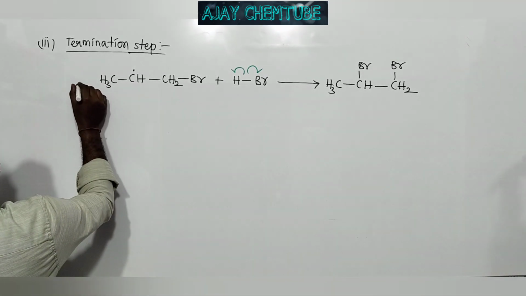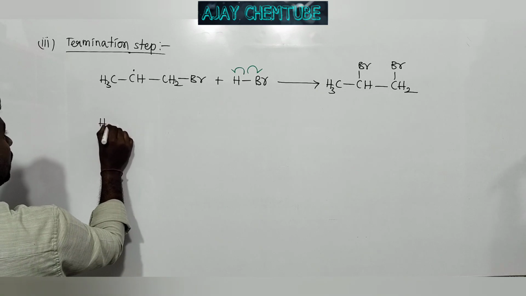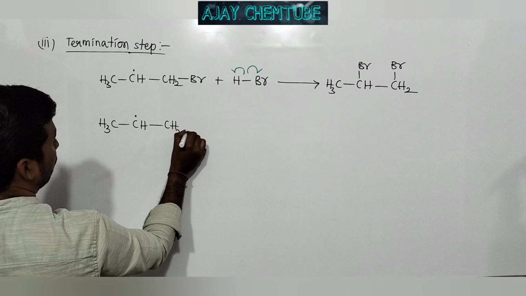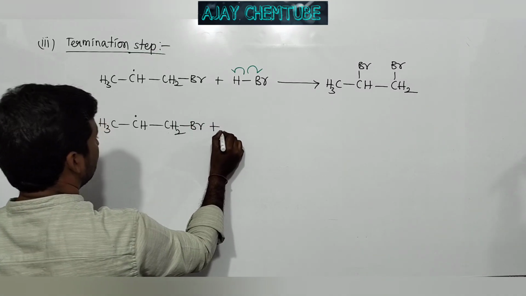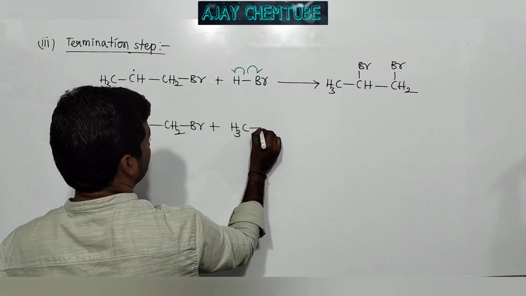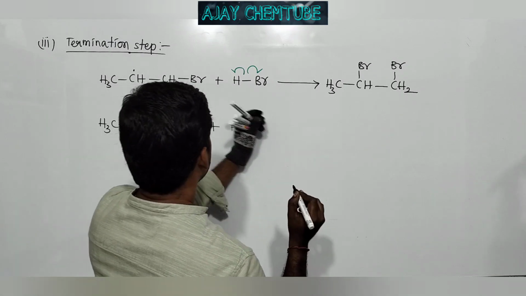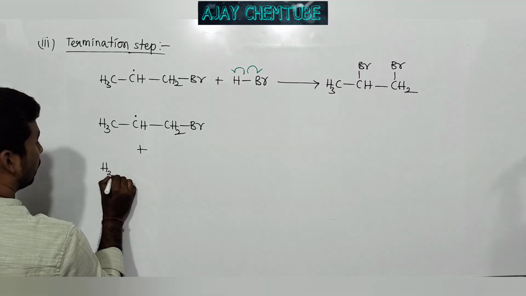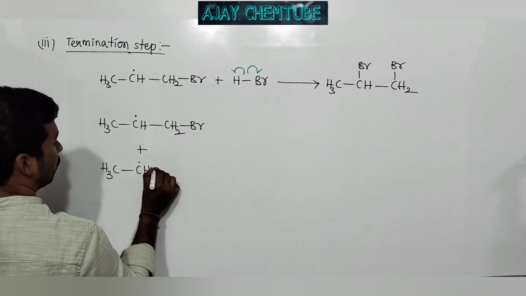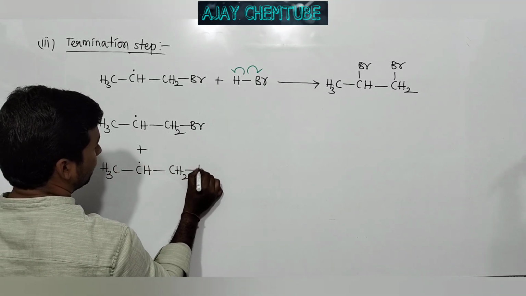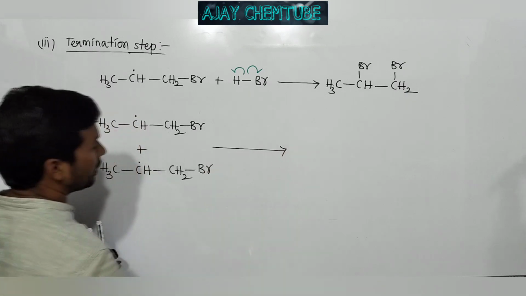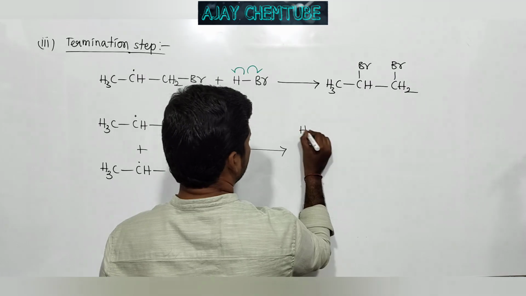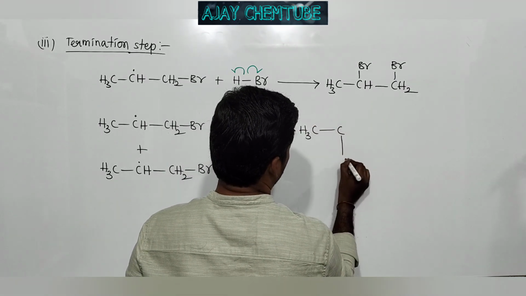Or otherwise, this is one possibility. If one such free radical combines with another, again this CH CH2Br, and these two form a bond, then also the reaction is going to close, the reaction will terminate.